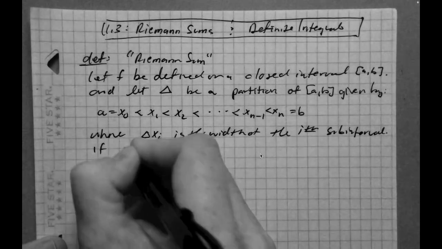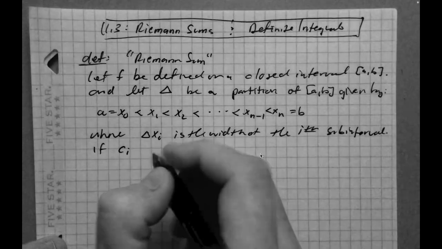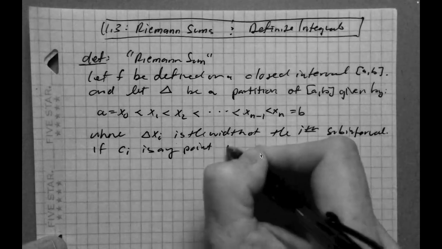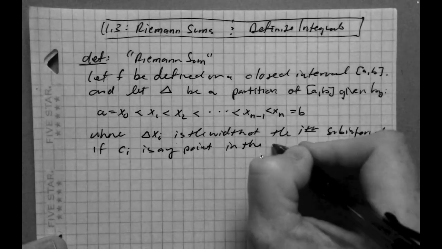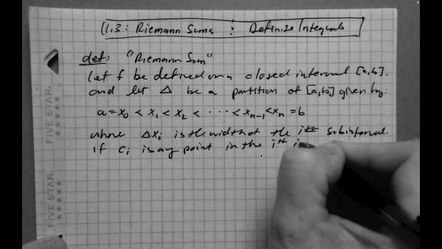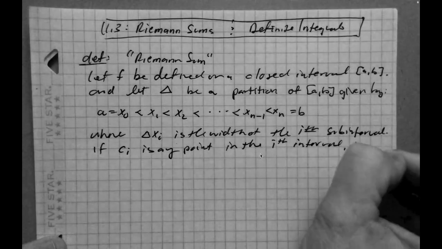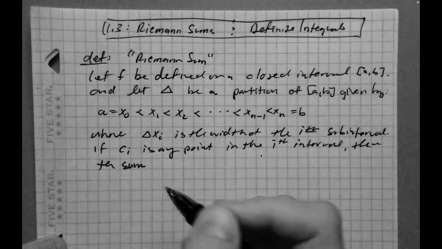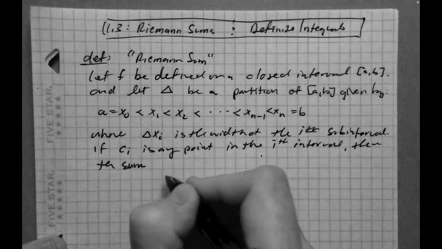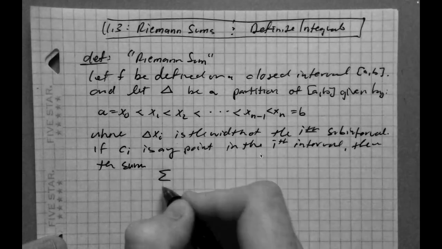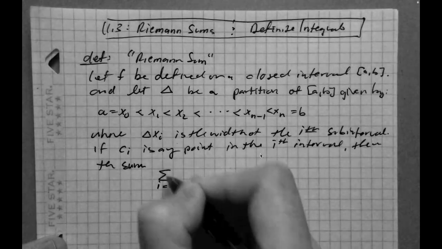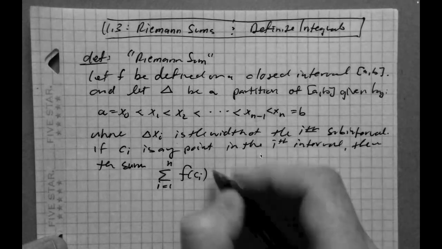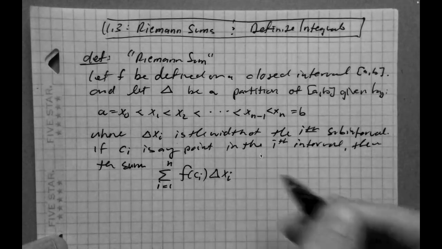Now, if ci is any point in the ith interval, then the sum from i equals 1 up to n of f of ci times delta xi.